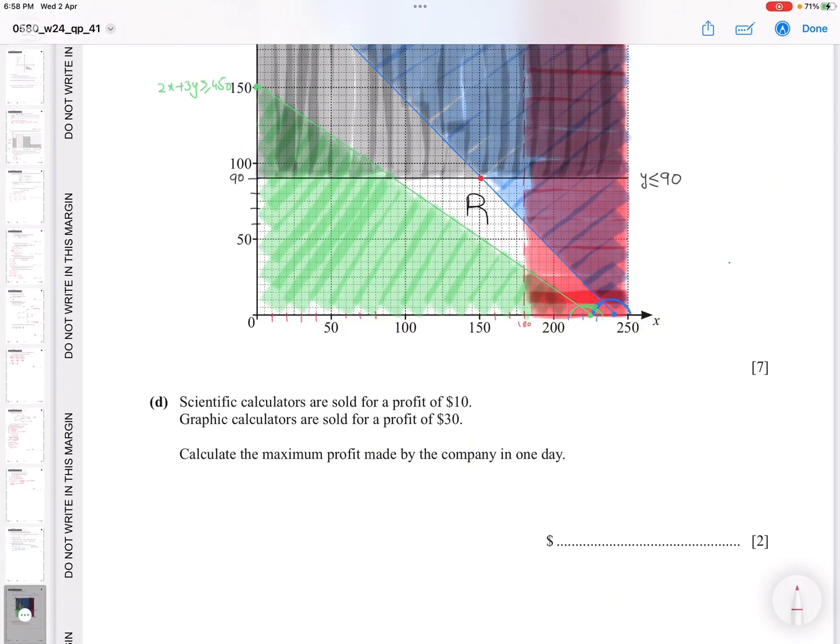Now you multiply 150 by 10 plus 90 by 30, and you see 1500 plus 2700, and this gives you $4,200. This would be your maximum profit.